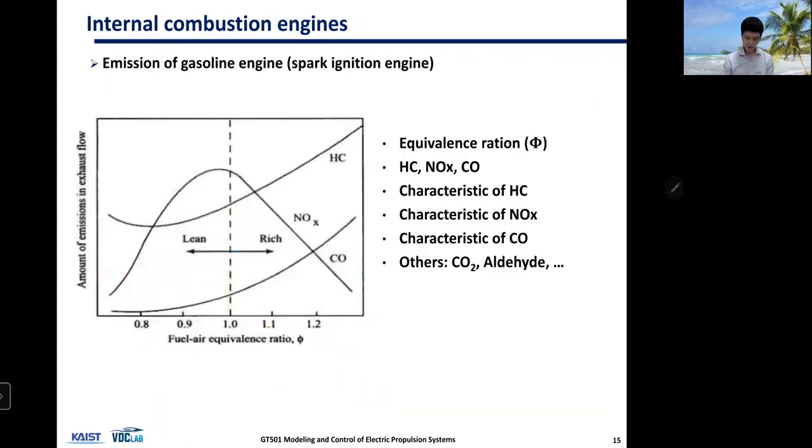And then there's the emission part. One of the enemies of the internal combustion engine is the emission that's coming out of the vehicle, right?